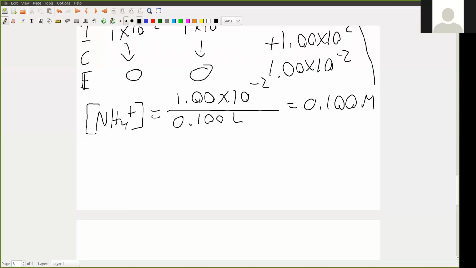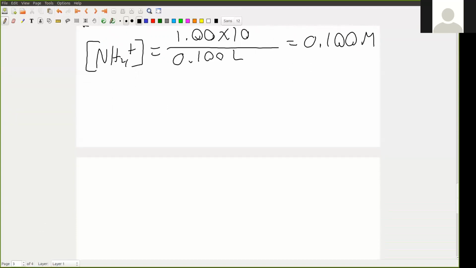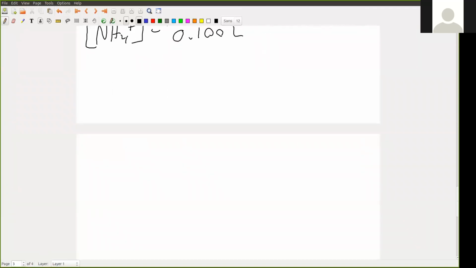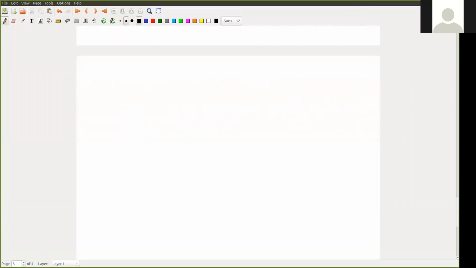So now we can go to the next stage, next ICE table, where we have NH4+, and we think about what that's doing in water. Well, that's going to give us back NH3 and a proton.